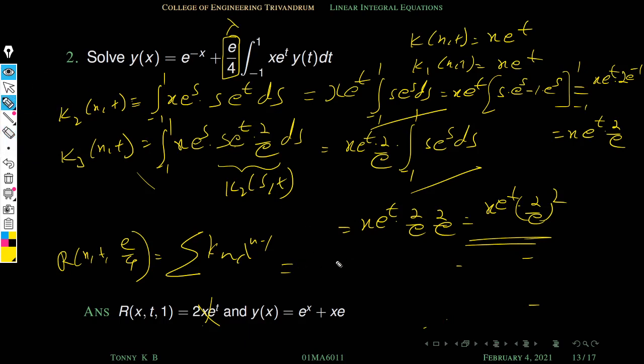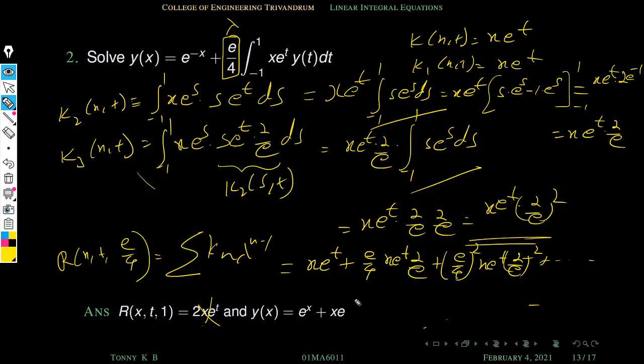So this is equal to x e^t plus lambda, which is e/4, times x e^t into 2/e, plus lambda squared, which is (e/4) squared, times x e^t into (2/e) squared, etc. Okay, now it's clear.